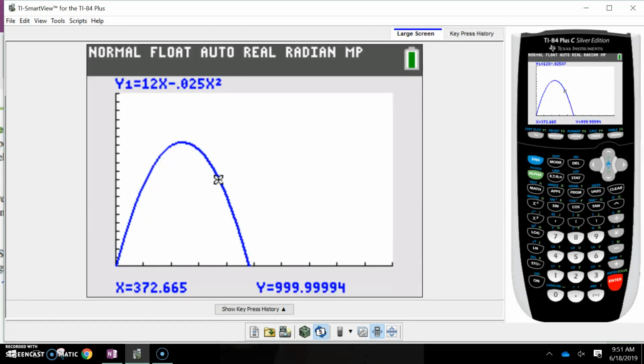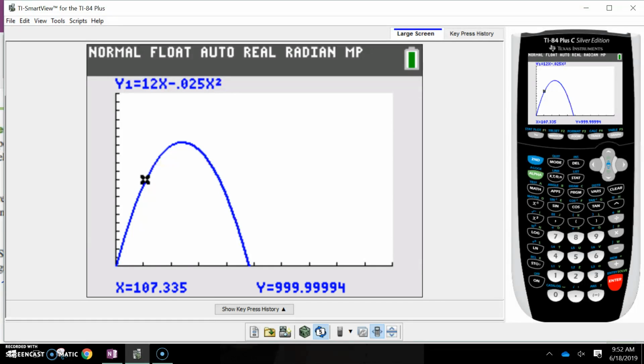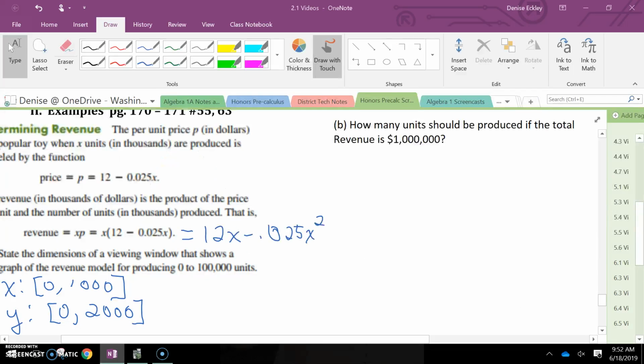And then on the other side, there's going to be a point directly opposite it. Since it's on a symmetrical graph, I could also type in 107.335. I think that gets me pretty close as well. So you can see that's the point that's directly across. So those will be the two amounts of units.